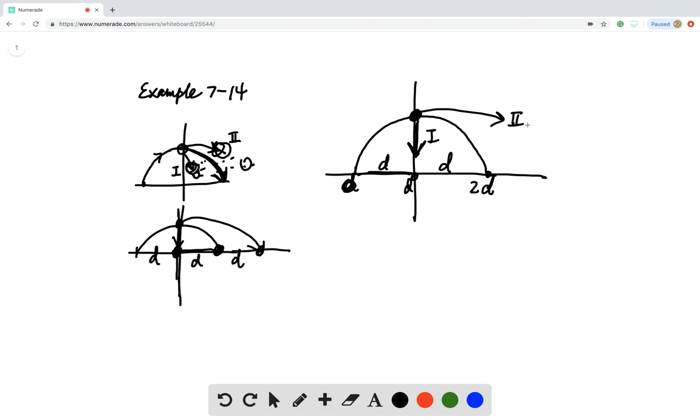Since we know the center of mass is a distance of d from this one piece, this distance is really related to this distance by the ratio of mass. So we have x center of mass equals x1 m1 plus x2 m2 over m1 plus m2.